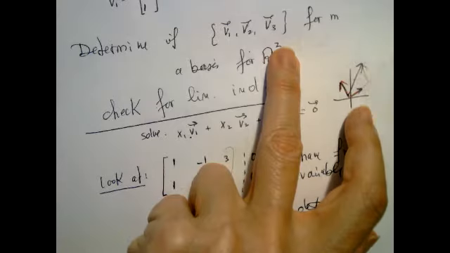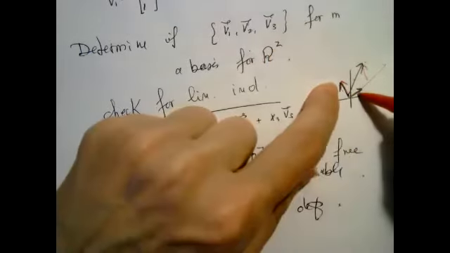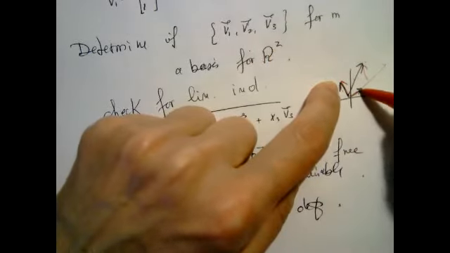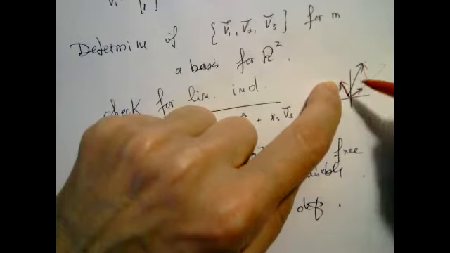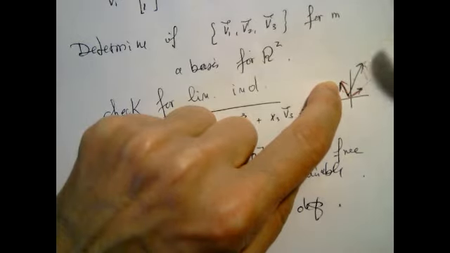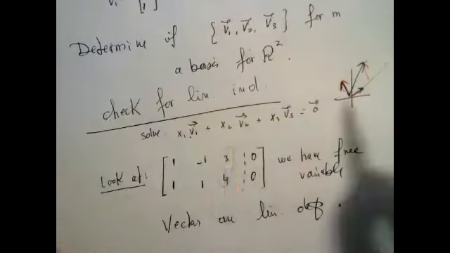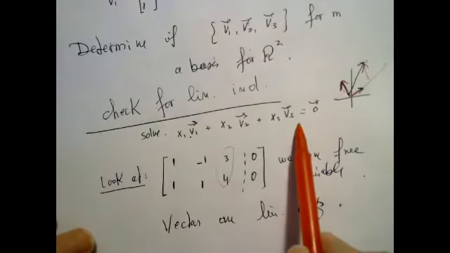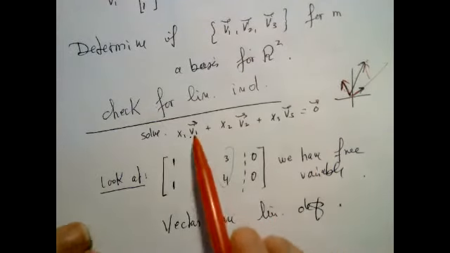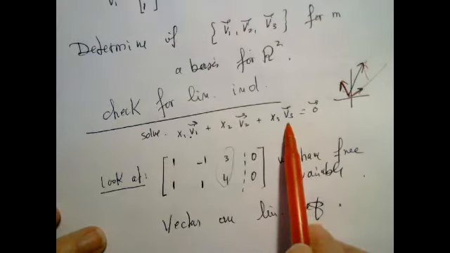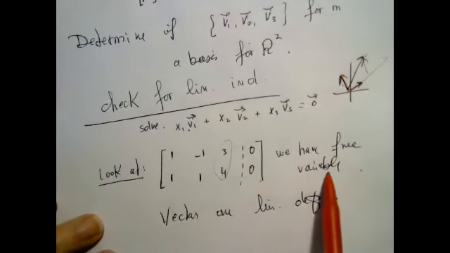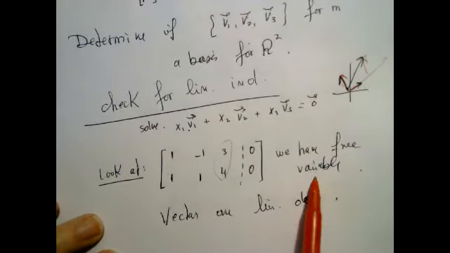So geometrically, if 2 of them are linearly independent, those 2 by themselves cover R2. So the third one is actually an extra. It doesn't really do much because it can be written as a linear combination. But in general, it's a rule: any 3 vectors in R2 are linearly dependent. And that's the algebra behind it.